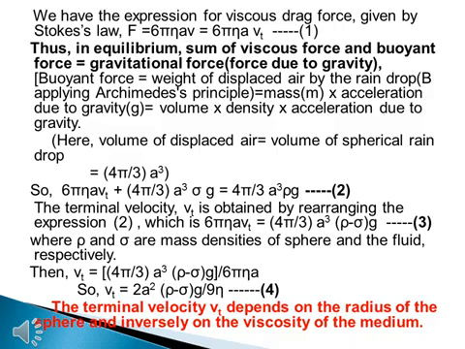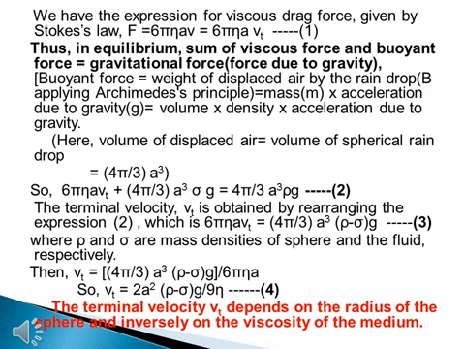As the volume of the displaced air and the volume of the spherical raindrop are the same, the volume of the displaced air is equal to 4 by 3 pi a cube, where a is the radius of the spherical raindrop.